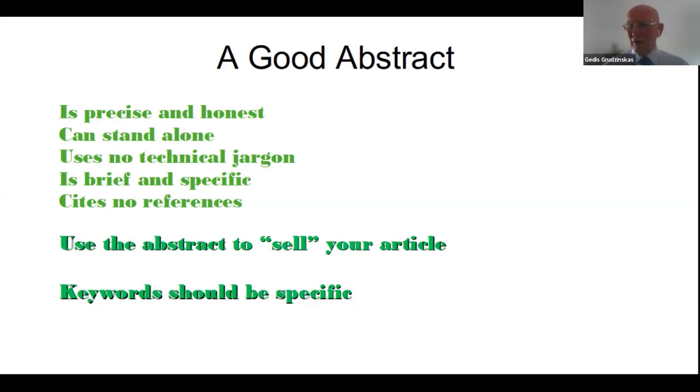But the other very important point, key point, if you like, is a key word. Why? Why the key word? The title is to attract the attention of the journal.